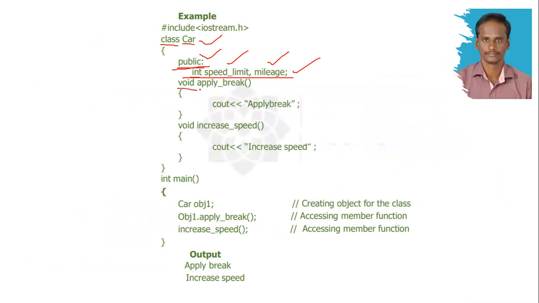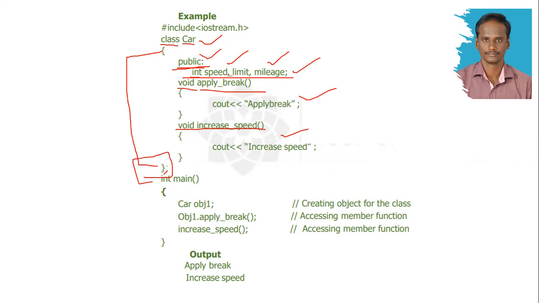Next, void apply brake, which just displays apply brake. Next, void increase speed, which just prints increasing speed. So the class definition is up to here. The problem here is that we should use a semicolon. A semicolon must be there whenever you close the class; the closing brace must end with a semicolon.